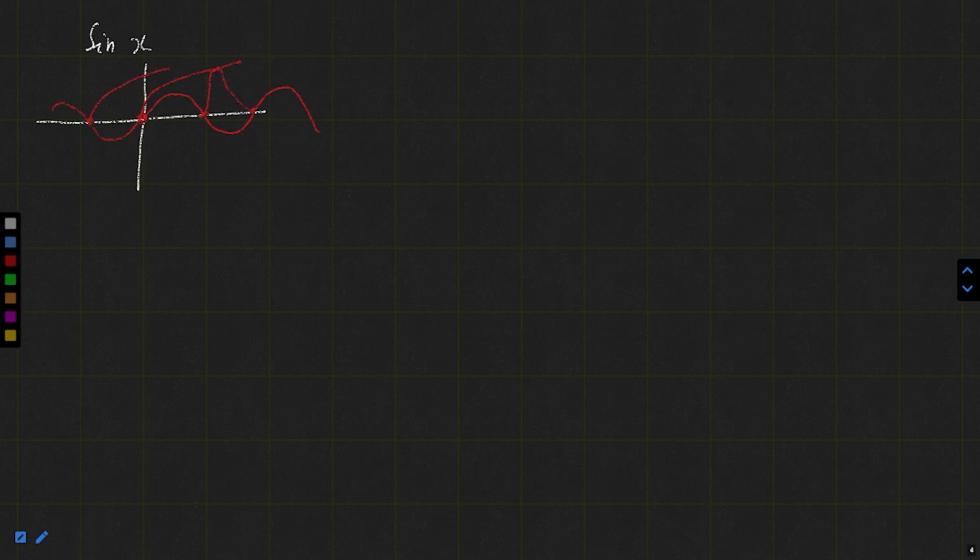So sine x is 0 at multiples of pi. This means sine x is 0 for x equals n pi, where n belongs to the integers.